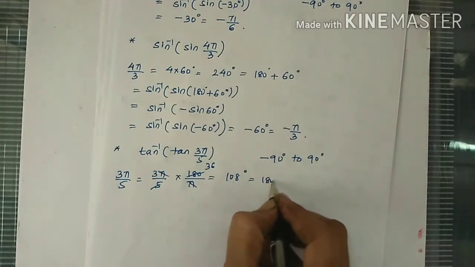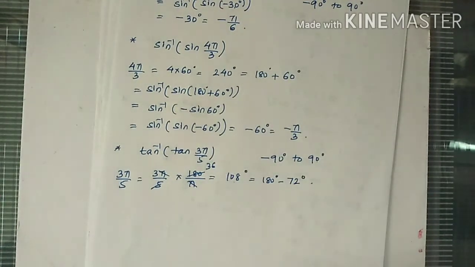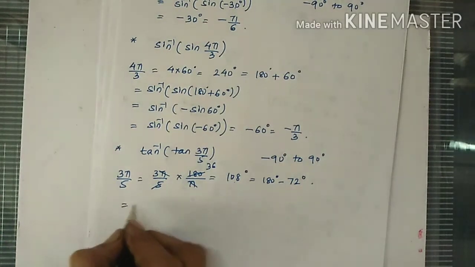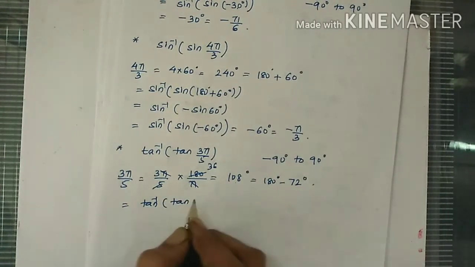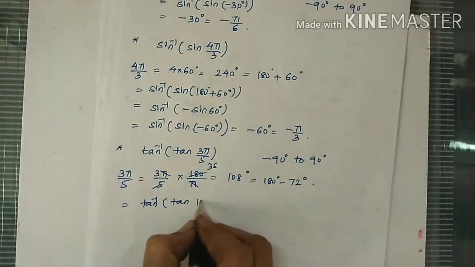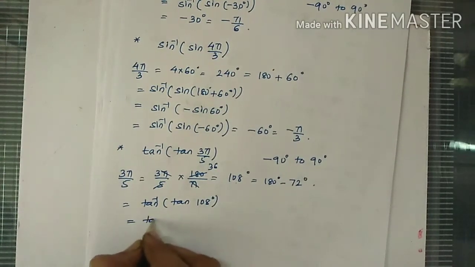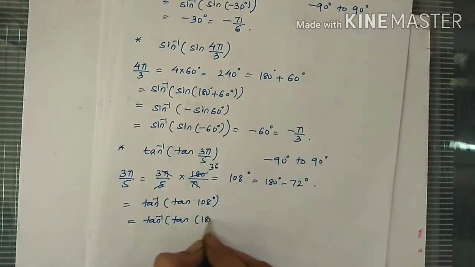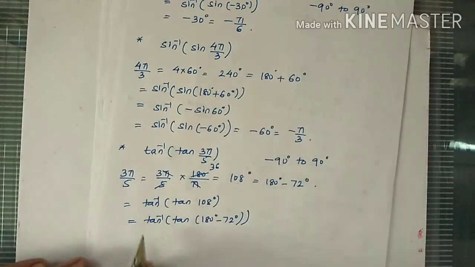Now 108 degrees is 180 degrees minus 72 degrees. See, again I am writing in terms of 180. So this becomes tan inverse of tan of 3 pi by 5. First let's write for 3 pi by 5, it is 108 degrees. Now tan inverse of tan of, we are writing 108 as 180 minus 72 degrees.